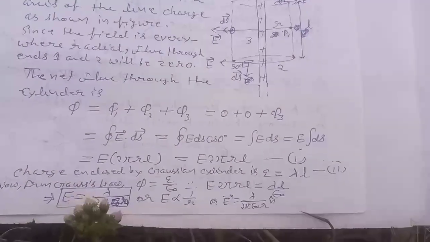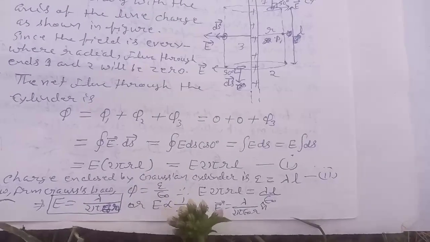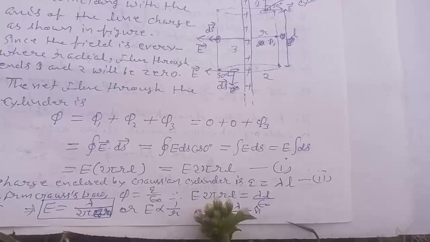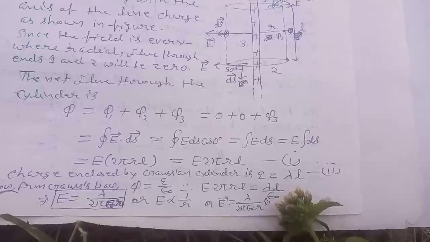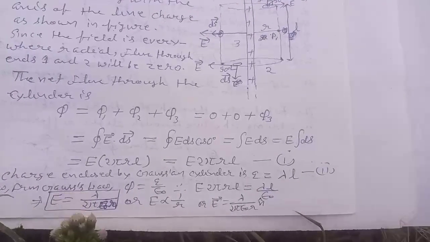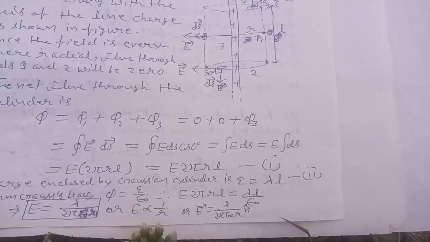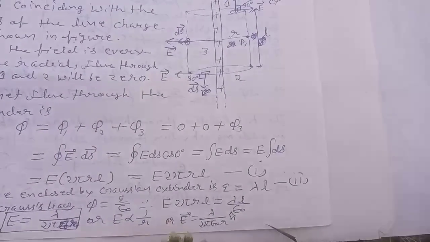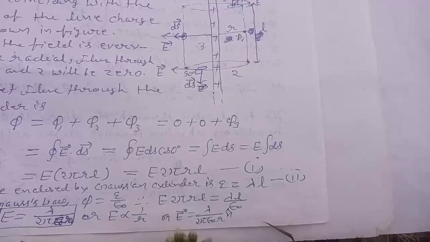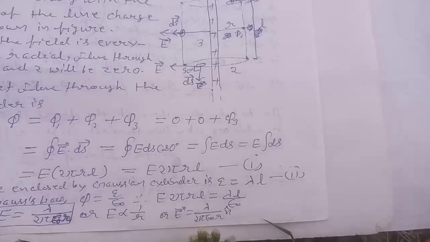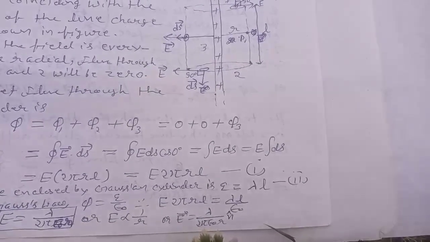Now from Gauss's law, phi equals q by epsilon naught. Hence E into 2 pi r L equals lambda L by epsilon naught. This implies E equals lambda by 2 pi epsilon naught r, or E is proportional to 1 by r. Or in vector form, we can write E vector equals lambda by 2 pi epsilon naught r into n cap.